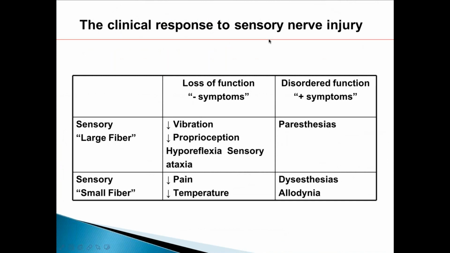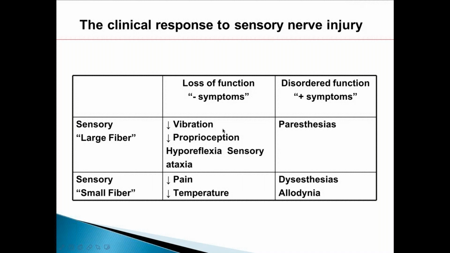Okay, so when we look at the large sensory fibers, there might be a constellation of either a positive symptom or a negative symptom. In neurology, either an absent symptom, a loss of symptom, is taken as a clinically important landmark sign, or a positive symptom might also be taken in case of neuropathy.